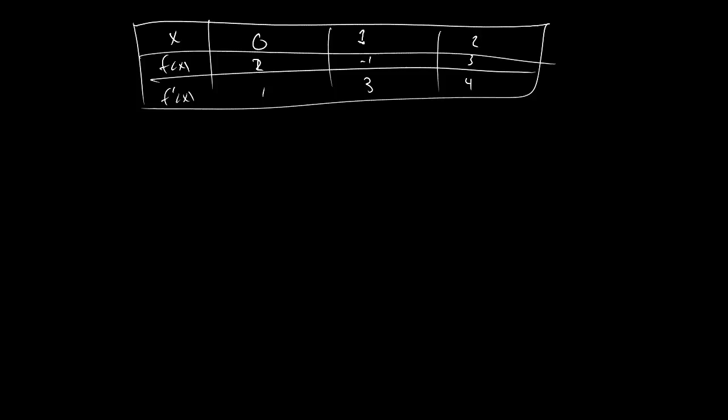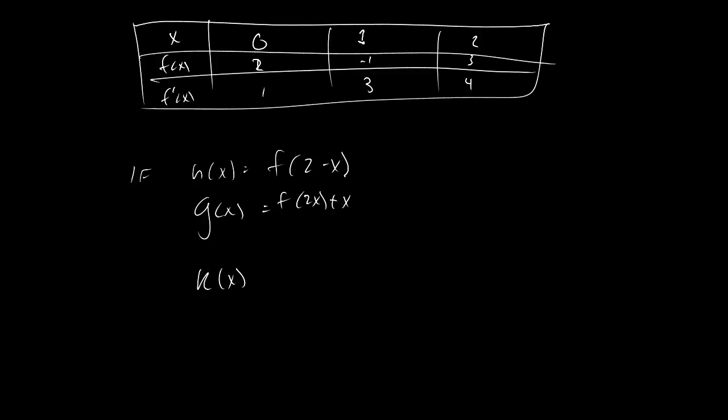And it says if h of x is equal to f of 2 minus x, g of x is equal to f of 2x plus x, k of x is equal to h of x times f of x. I want to find h prime of 2. Well, in order to do that, I'm going to have to take the derivative of h.